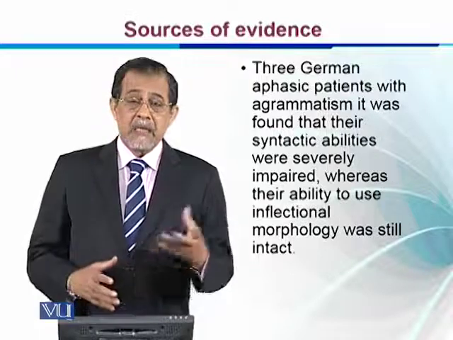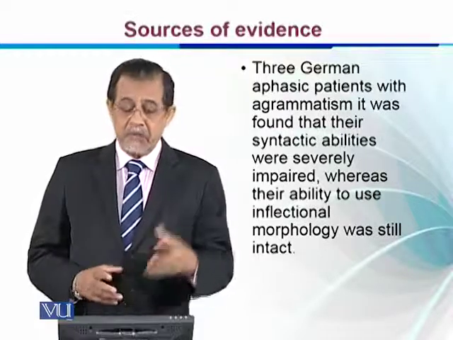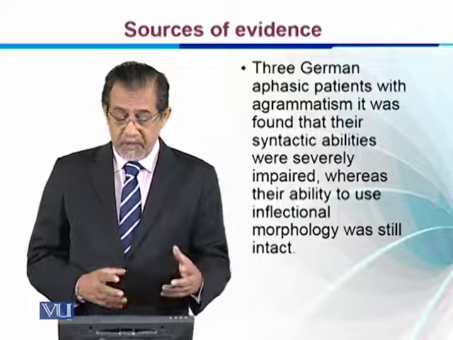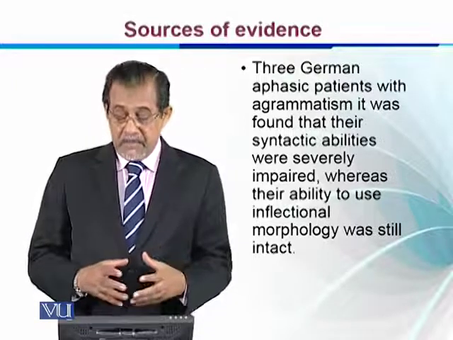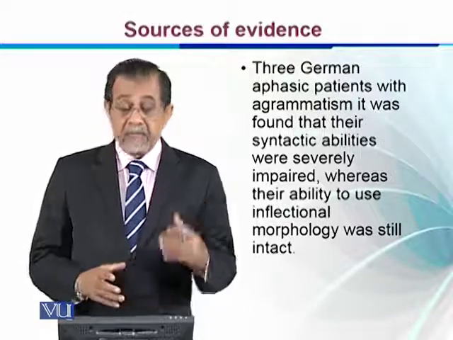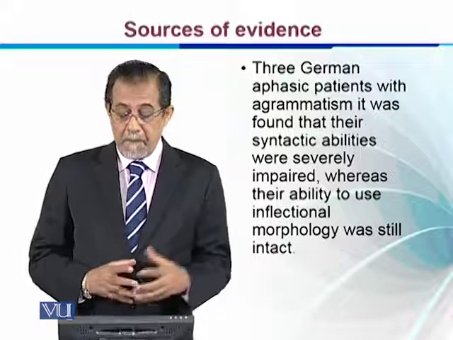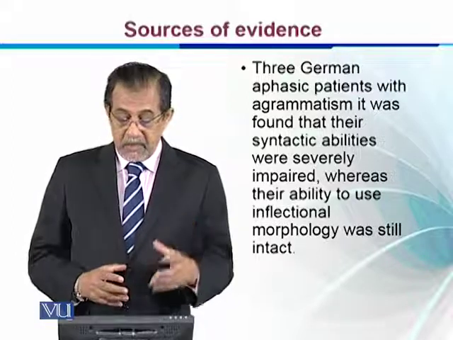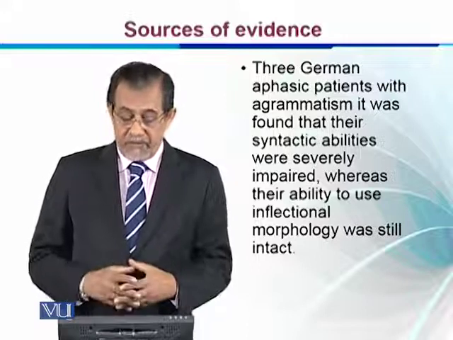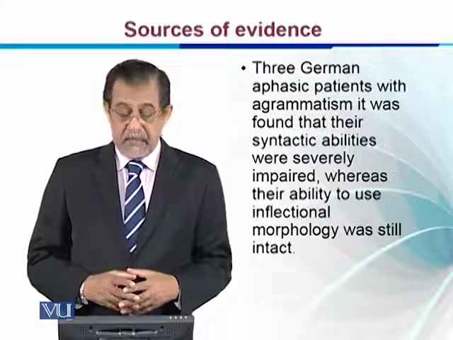In this regard, a similar study was made on three German aphasic patients with agrammatism. It was found that their syntactic abilities were severely impaired, whereas their ability to use inflectional morphology was still intact, right?